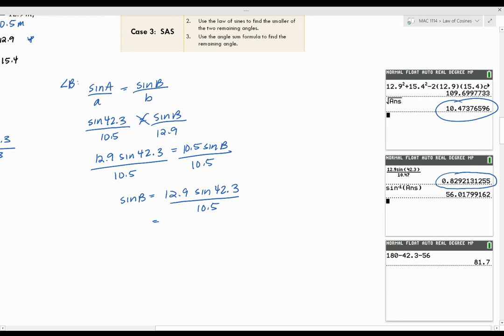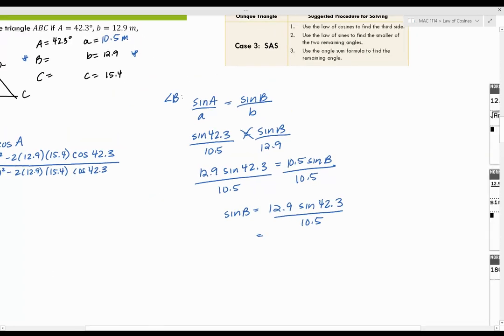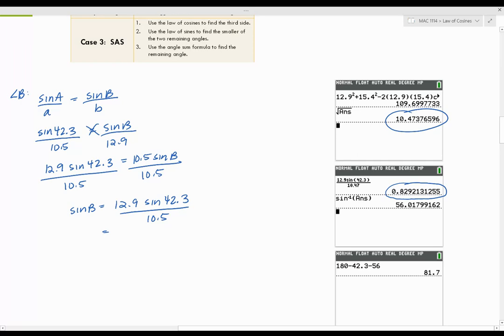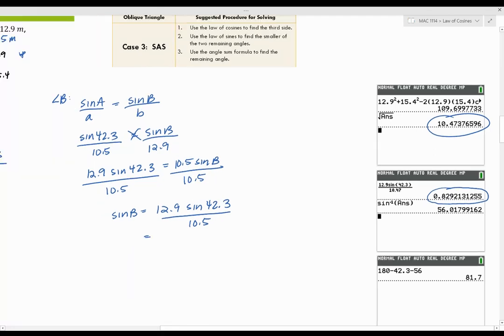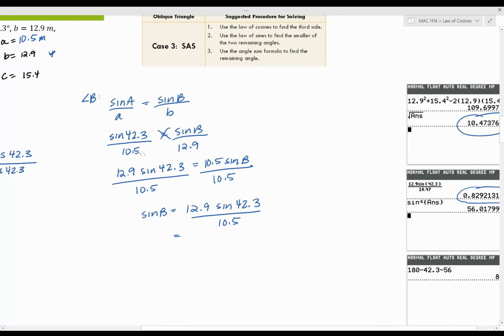If you're following me, for my calculation I actually rounded side A to 10.47, to 2 decimal places, so just take note of that. Let's correct that so you get the same answer that I have: 10.47.